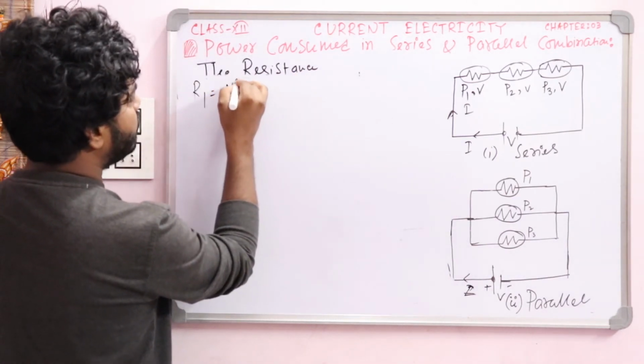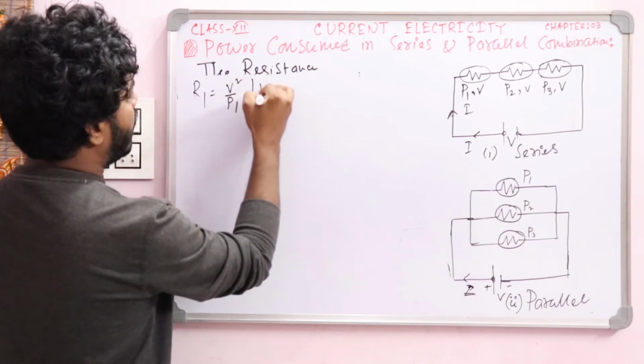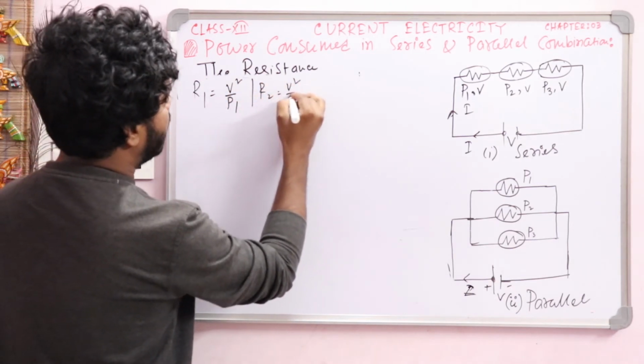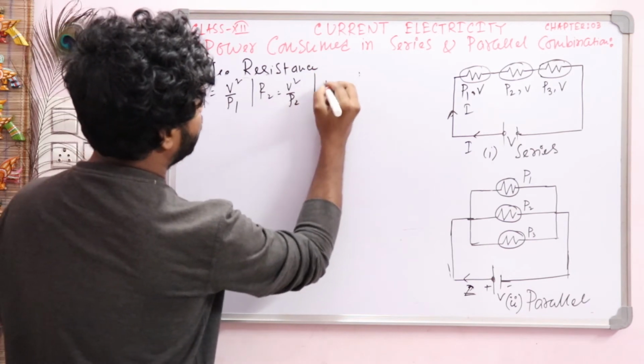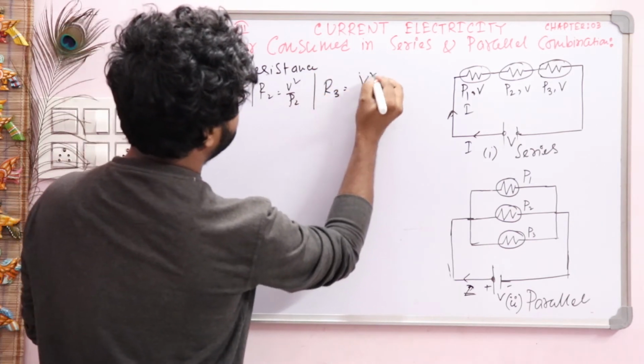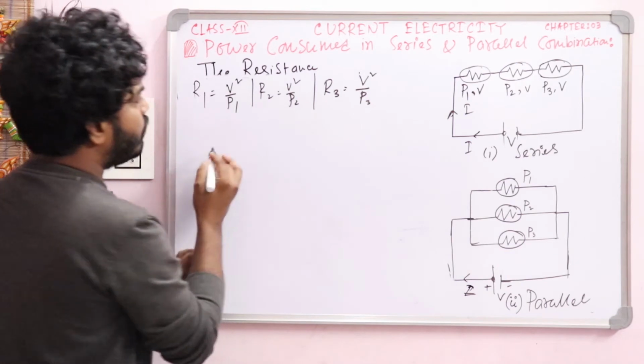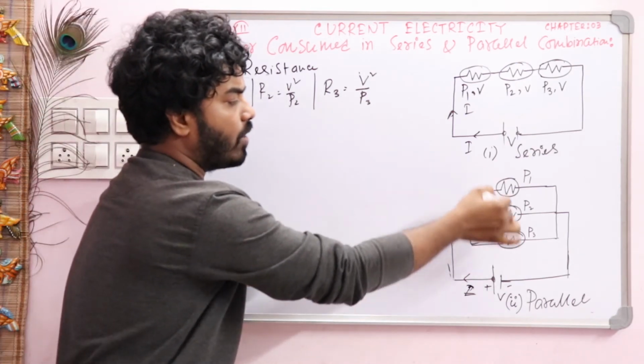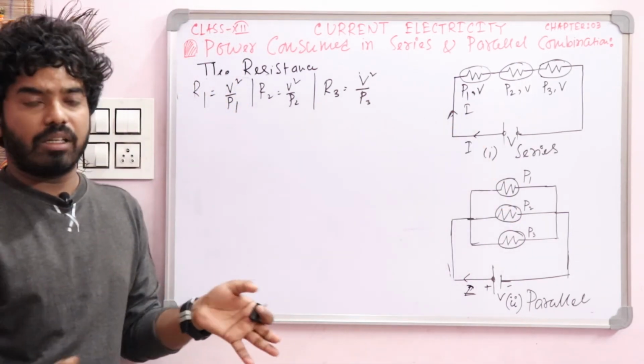R1 will be, by the same method, V square by P1, R2 will be V square by P2, and R3 will be V square by P3.